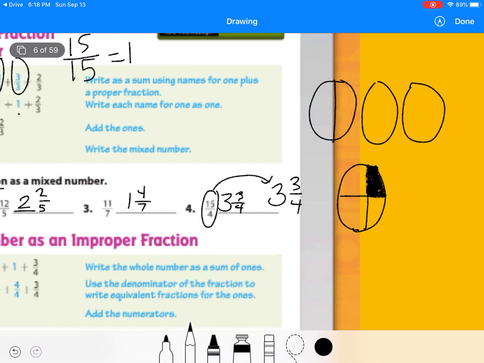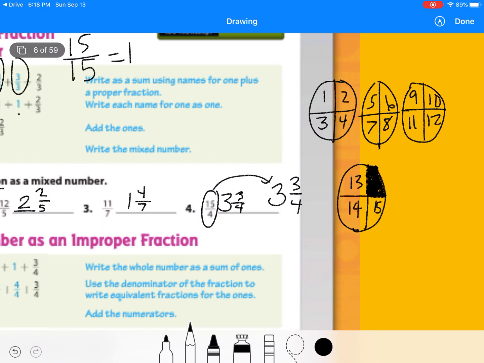So if I split all of my pizzas into fourths and I counted up all of my pieces, I have 1, 2, 3, 4, 5, 6, 7, 8, 9, 10, 11, 12, 13, 14, 15. So that's where it came from.